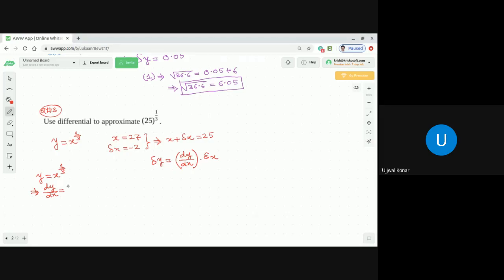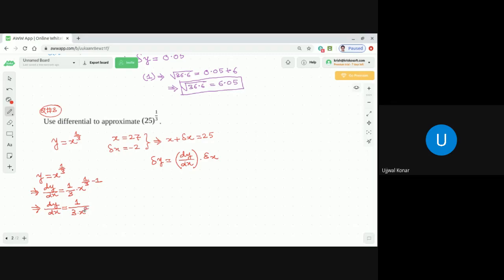So the dy dx will be 1 by 3 into x to the power 1 by 3 minus 1. Correct? So from here, we get dy dx is equal to 1 by 3 into x to the power minus 2 by 3, since 1 by 3 minus 1 is minus 2 by 3.